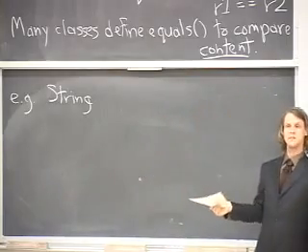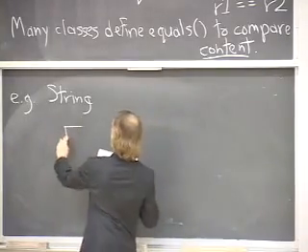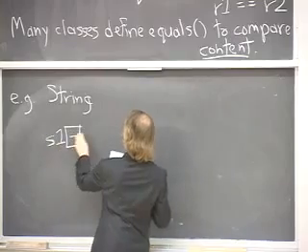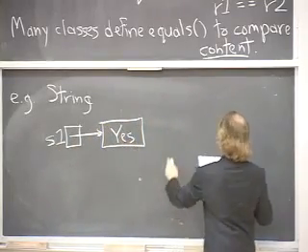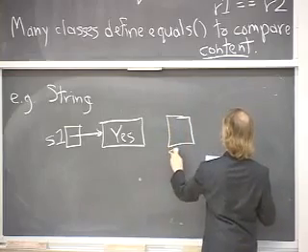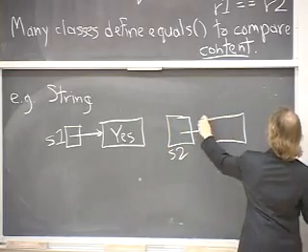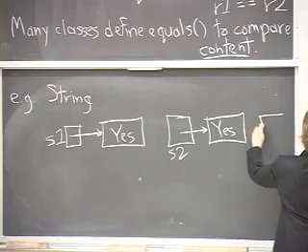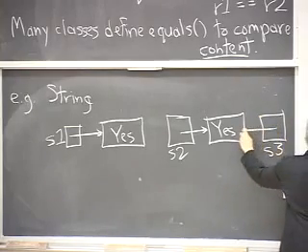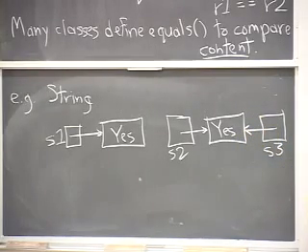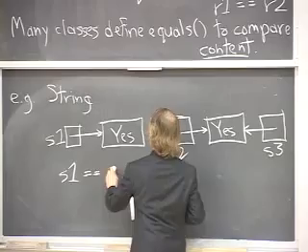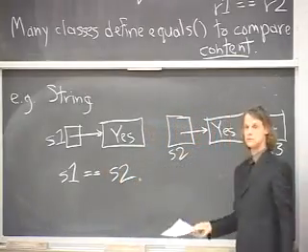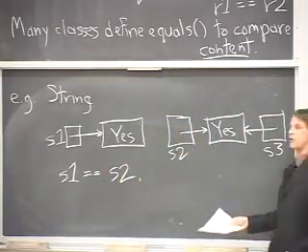The String class, let's suppose we have objects that look like this. There's a variable called s1 that references this string, a variable called s2 that references this string, and another one called s3. If we ask whether s1 double equals s2, that's false, because s1 and s2 point to different objects.